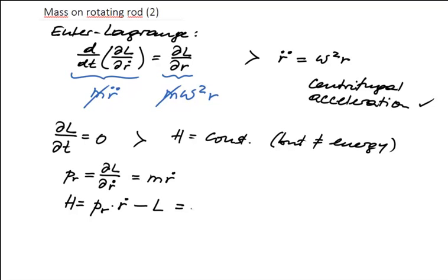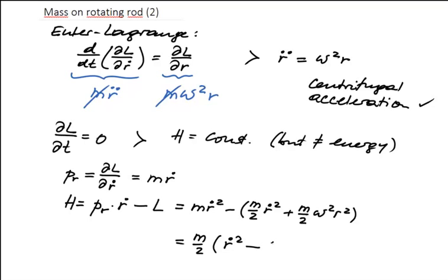This is equal to mass times r dot squared minus the Lagrange function, which in turn is mass over 2 r dot squared plus mass over 2 omega squared r squared. And when we take this together, this is m over 2, and then we get an r dot squared minus omega squared r squared. This is the formula for the Hamilton function.